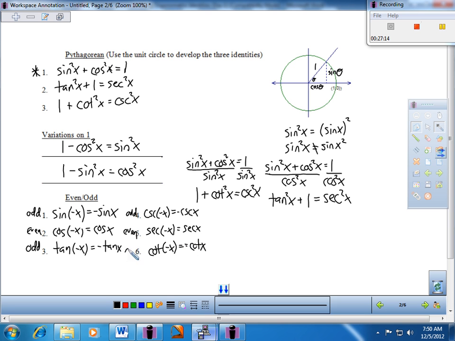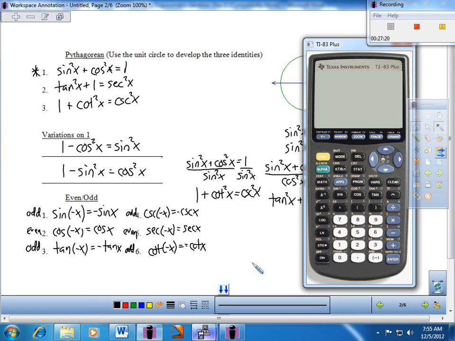Okay, good. And again, I just figured I would go ahead and grab a calculator and show you what that means. Not too big of a deal. So here's what I'll do. How about I start with an input of 3. I'll do sine of negative 3 and get an answer.